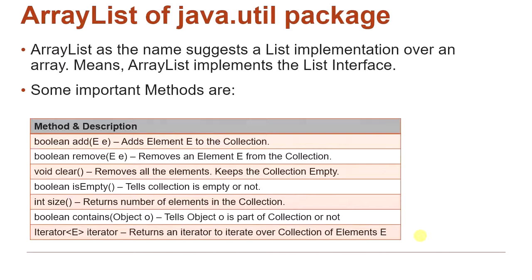So you can supply an object and test whether that object is a part of the ArrayList collection. From ArrayList we can also retrieve the iterator. We will look at iterator in some other video; in this example, we are not going to look at it.